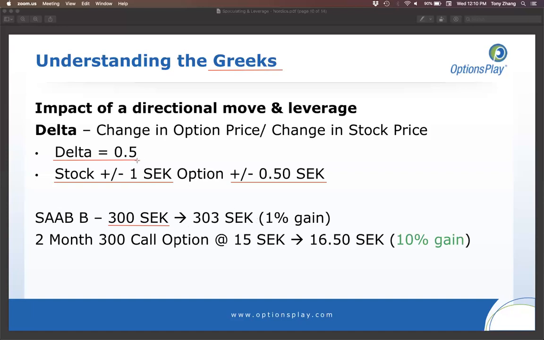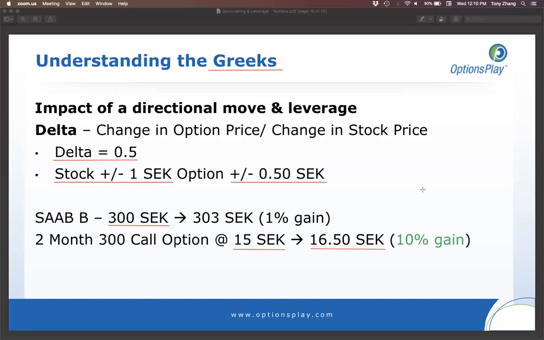You take 3 crowns, multiply it by 0.5, and that tells you how much your option will increase by. 3 multiplied by 0.5 is 1.5. So the 15 crown option that you paid for this Saab call option will increase from 15 crowns to 16.5 crowns, which in this case is a 10% gain. So that 1% gain in the underlying stock turned into a 10% gain in your option. That's how you can use delta to calculate roughly how much money you would make if the stock went 1% higher, 1% lower, or 10% higher, or 10% lower.